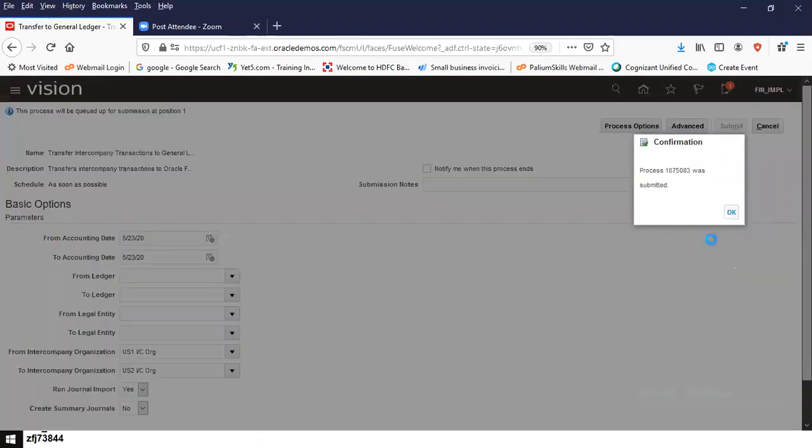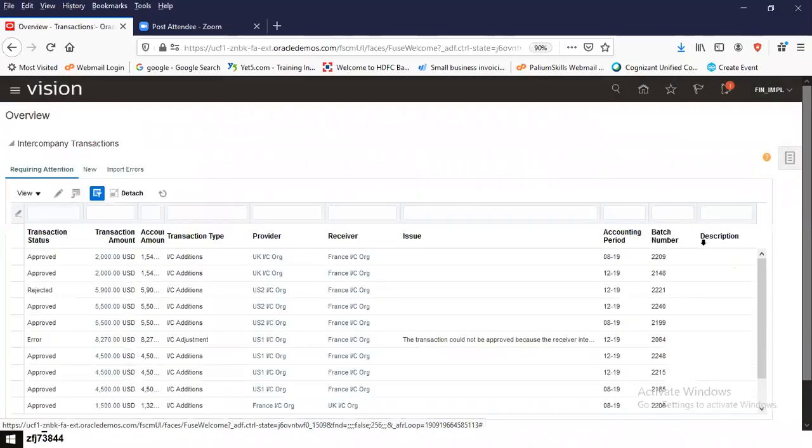Now this we are going to move to the general ledger. So for that we'll have to go to the general ledger accounting and review the transaction.